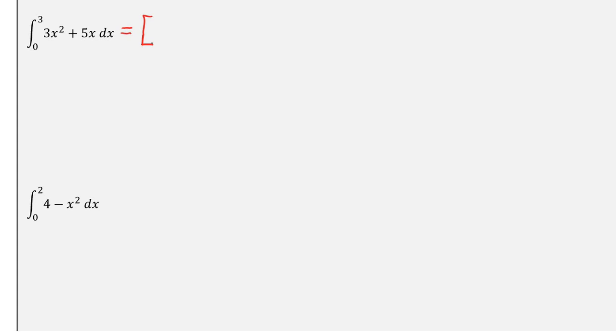To integrate 3x squared, I add 1 to the power, and I divide by the new power: 3x cubed divided by 3. Same thing with 5x: I add 1 to the power, I divide by the new power, 5x squared over 2. And then I close my brackets, and because it's a definite integral, I don't need that C, but I do need to include my bounds, 0 and 3.